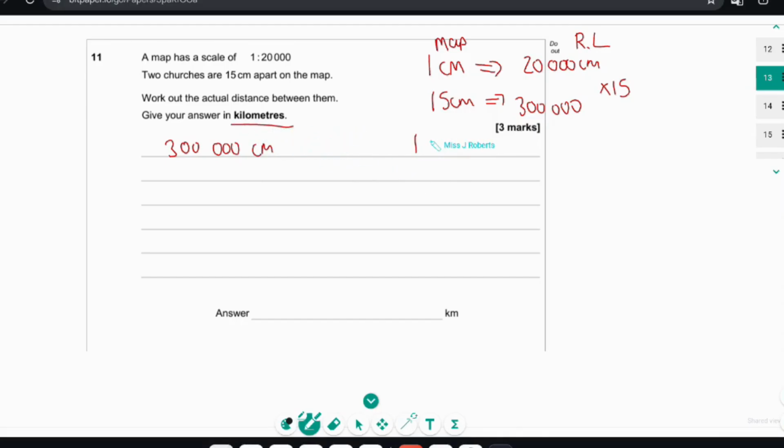So let's get it into metres first. 1 kilometre is 1,000 metres. 1 metre is 100 centimetres. If I divide this by 100, I will get 3,000 metres. Divide it by 1,000, gives us 3 kilometres.